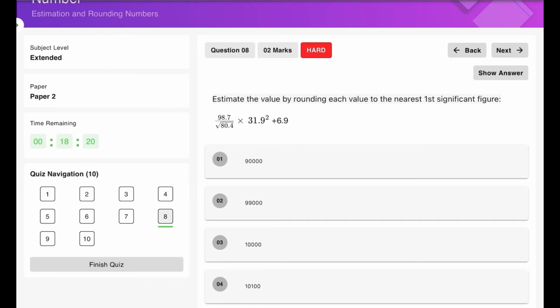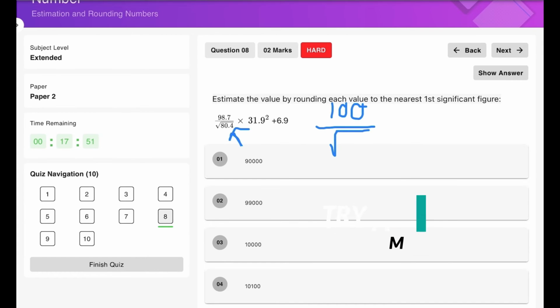Moving on, estimate the value by rounding each value to the nearest first significant figure. We can try and summarize this question in a way that it's easy for us to solve. If I look at this square root value here, I'm going to make the top close to 100 because 98.7, the closest first significant figure, will be 100.